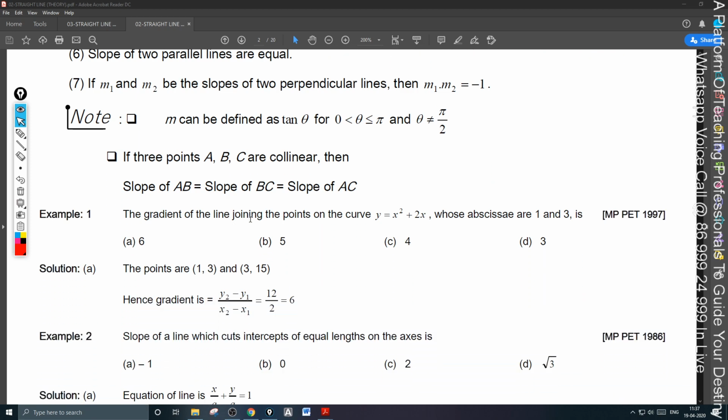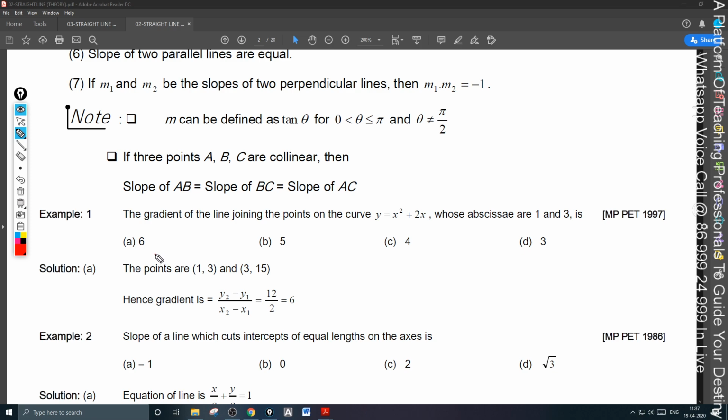You can see the gradient of the line joining the points on the curve y is equal to x squared plus 2x, whose abscissa are 1 and 3. Abscissa, you know, it is the x coordinate.